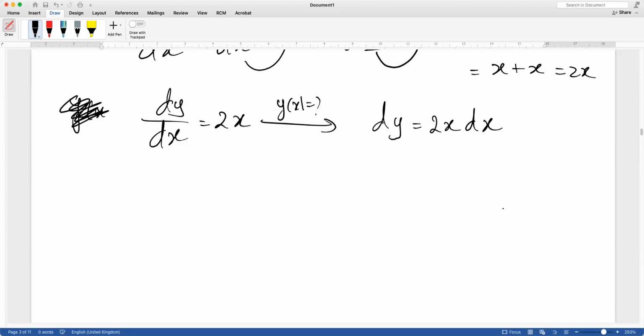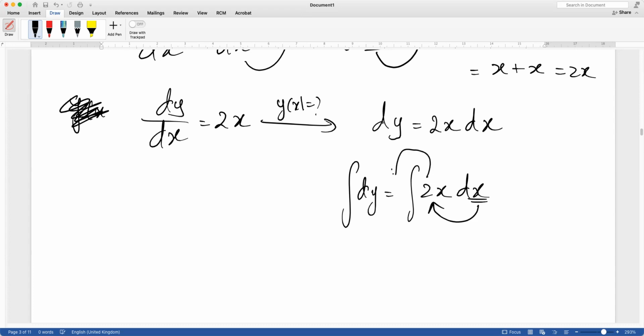Now we integrate dy. The other side will be integral 2x dx. From the x point of view, this is a multiplication going on. One of them is a constant. Then it is okay to take it out, but we cannot take the x outside because that is dependent on the differentiating variable itself. So this side will become y. This is actually equal to 2 integral x dx.